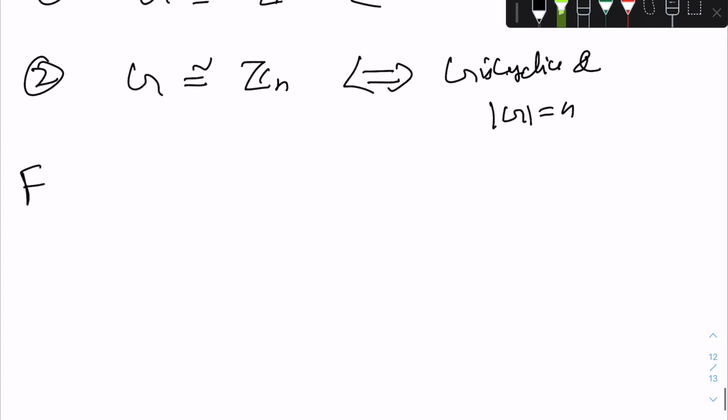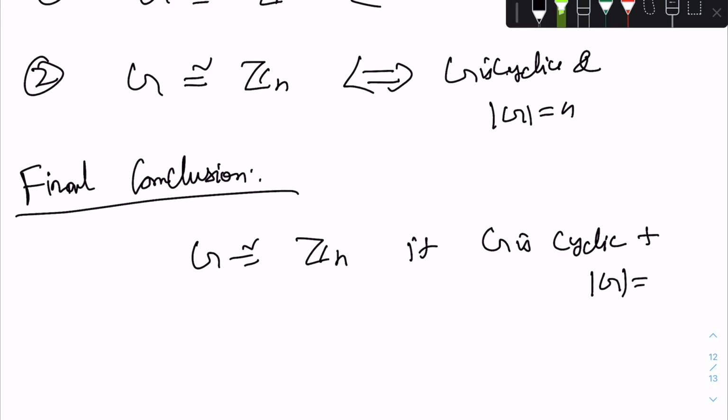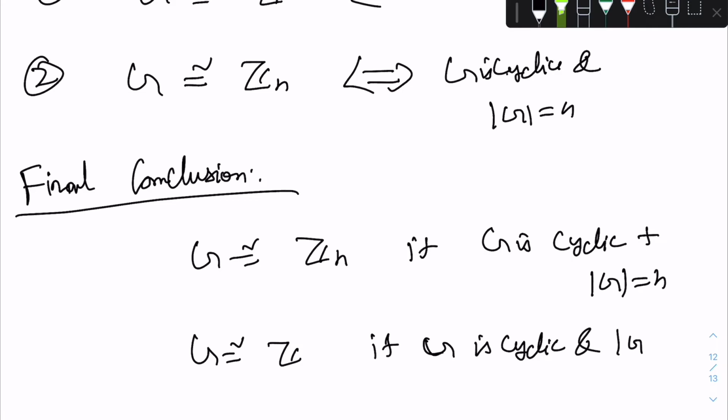So the final conclusion, after all this work, we can say that G is isomorphic to Zn if G is cyclic plus order of G is n, or G is isomorphic to Z if G is cyclic and order of G is infinite. That's it. So we have only 2 choices. So that's why I keep on saying that Z and Zn are the very good and the most important examples.